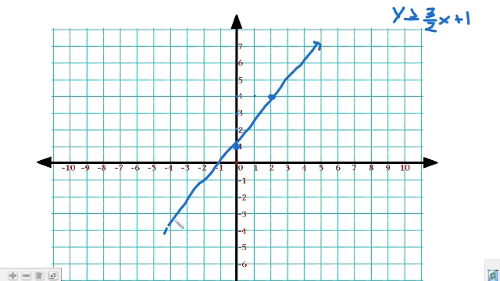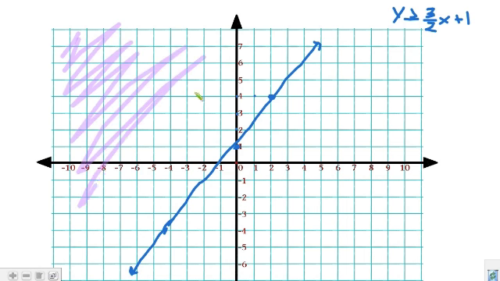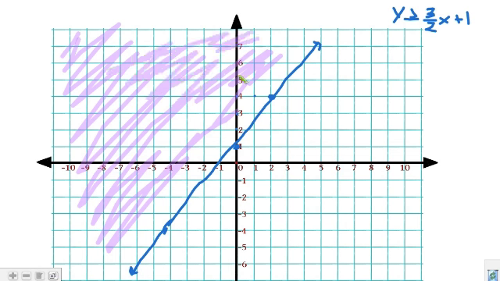All right, now let's read it again. Y is greater than or equal to, which means my shading, getting my highlighter here, is going to go above. Okay, so this whole area above. All of this.